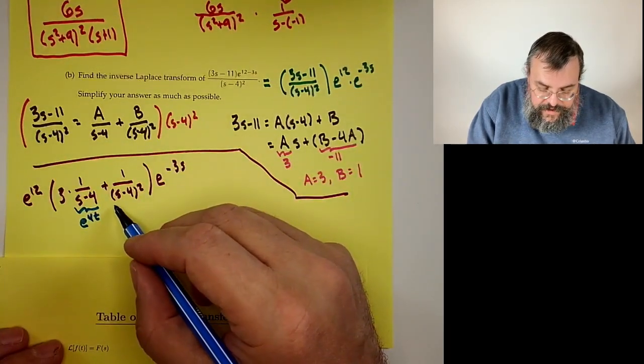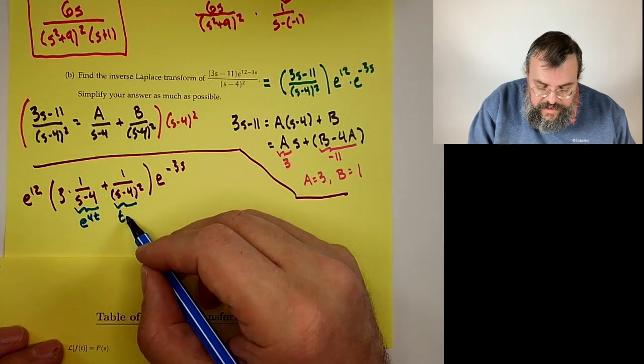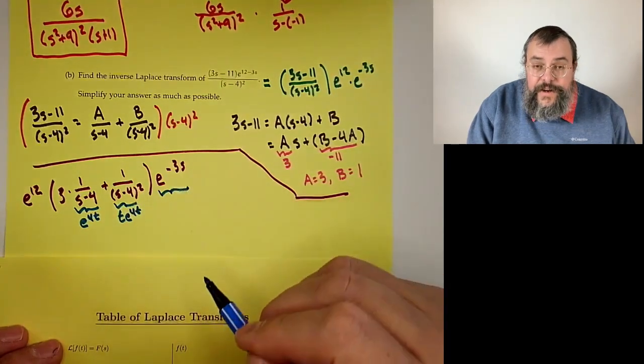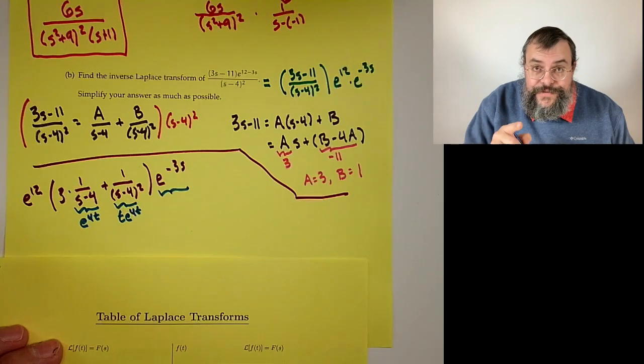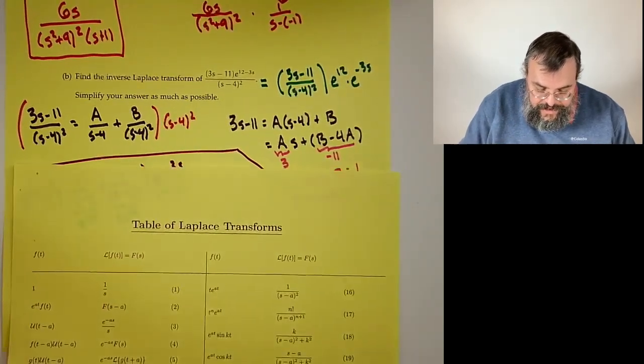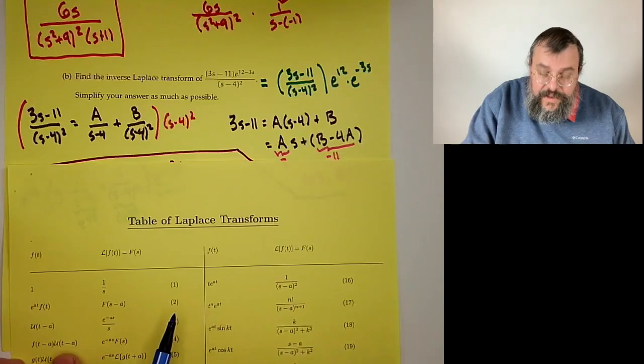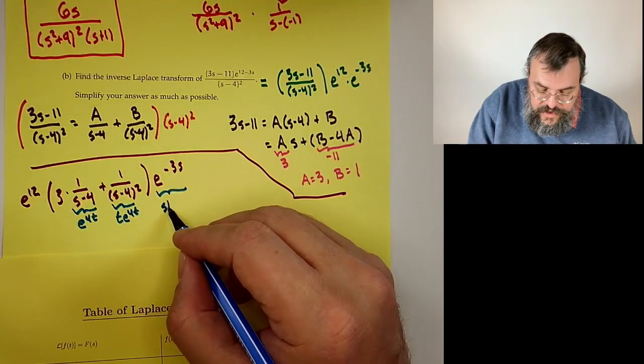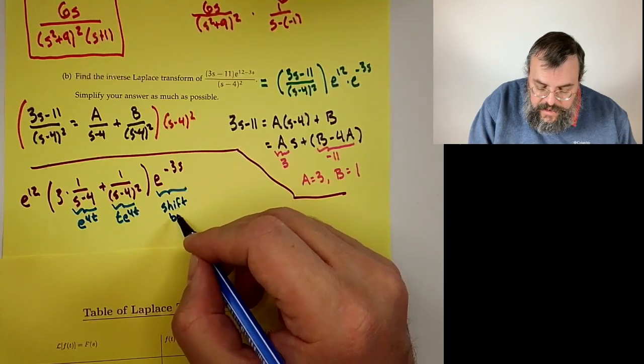All right, well, that's looking great. t e to the 4t. And now this part right here says shift. Right? Whenever we see an e to the minus as, there's a shift involved. And in our case, we have a shift by 3.